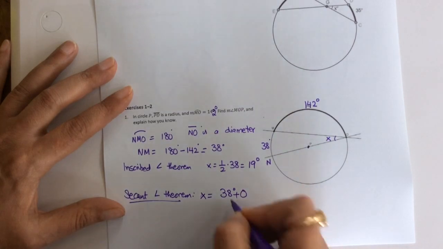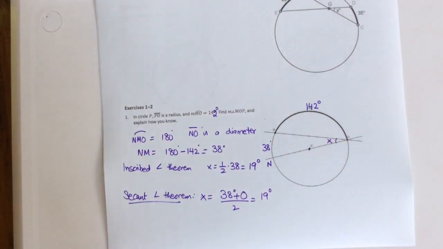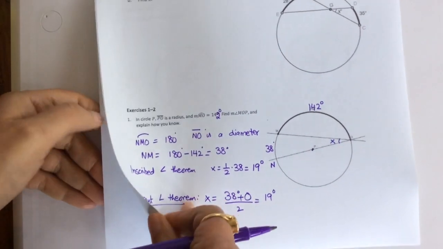It's 0 degrees, over 2. So that also gives me 19 degrees. So you can see that the secant angle theorem, the interior case, and we are going to look at the exterior case tomorrow, is just an extension of the inscribed angle theorem. Okay, moving on then.